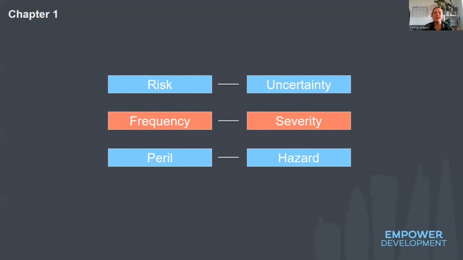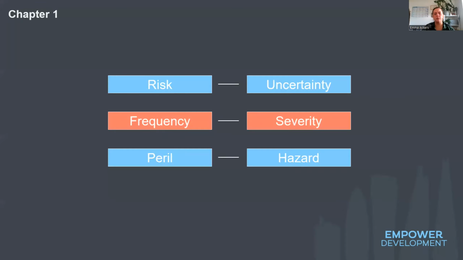So there are different levels of risk, namely frequency, how often something will happen, and severity, which is how serious it will be if it does happen. And this concept of frequency and severity you're probably very familiar with from your previous CII studies.